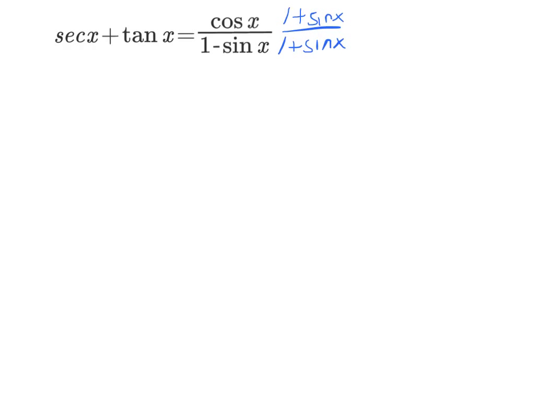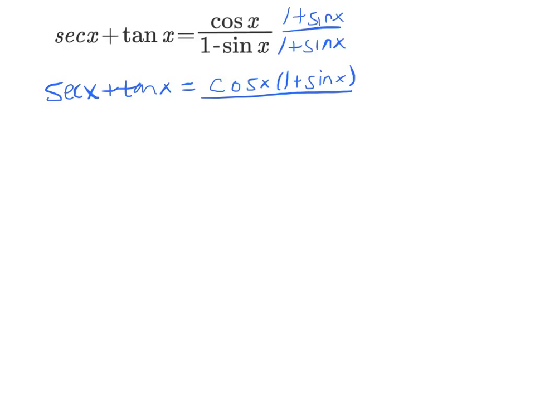So the left side is the same. Right side becomes cos times 1 plus sine over, we're going to distribute the denominator. We'll have 1. Now I'm going to skip a little step here because this is going to be sine x minus sine x. That's going to cancel. So negative sine times sine would be negative sine squared.